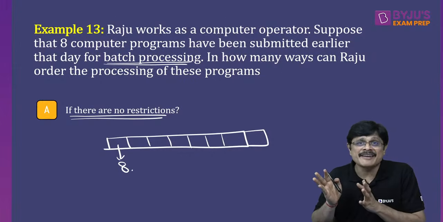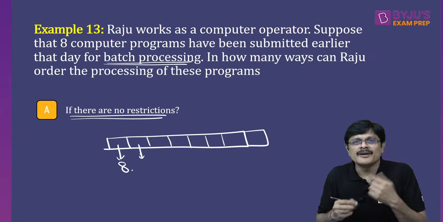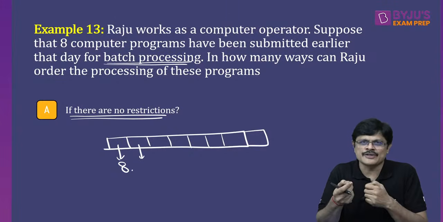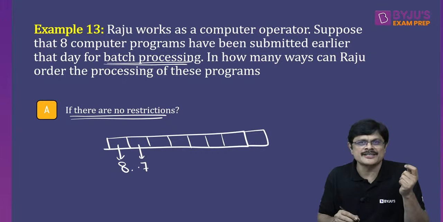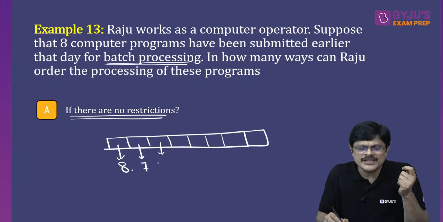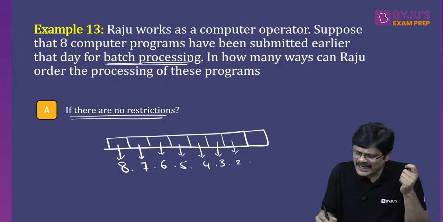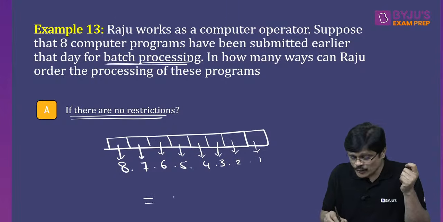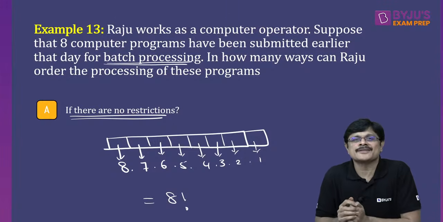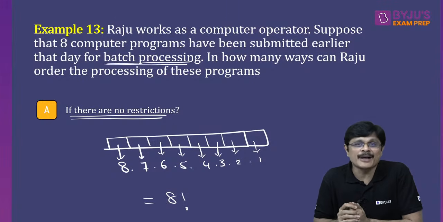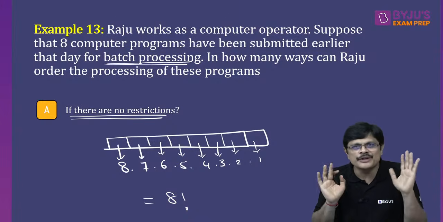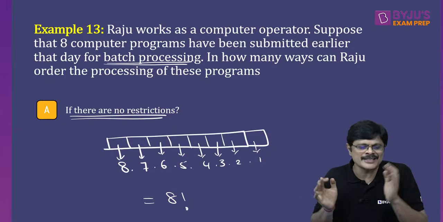Now I am having only 7. So for the second processing, I am having only 7 choices. And for the third one, how many choices am I having? 6 choices. Next one, 5 choices. Next one, 4 choices. Next 3, next 2 and finally 1. That is, totally he can process those programs in 8 factorial ways, my dear friends. Am I clear? Suppose no restriction is there, he can happily do this in 8 factorial ways. That many choices he is having.